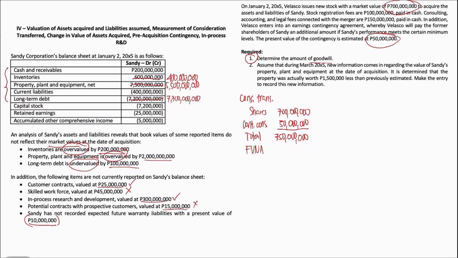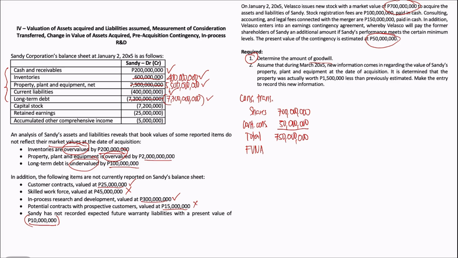The fair value net assets is therefore computed as follows. Cash and receivables, $200 million. Plus inventories, $400 million. Plus PPE, $5.5 billion. Minus current liabilities, $400 million. Minus long-term debt, $7.3 billion.